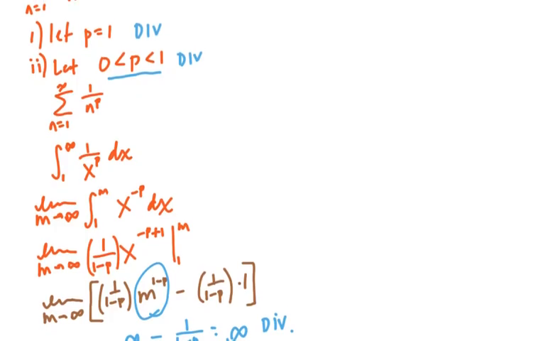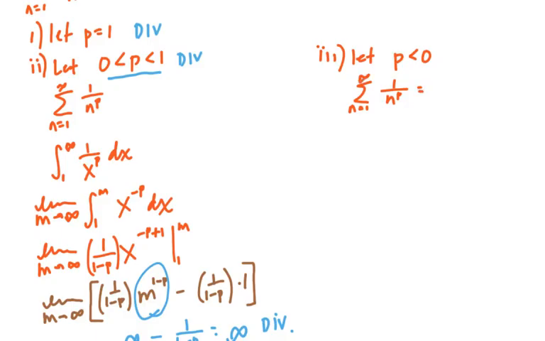So case 3, we're going to let p be less than 0. So that means p is a negative value. Now what that means is when I look at this summation, I have 1 over n to the p, but p is a negative value.